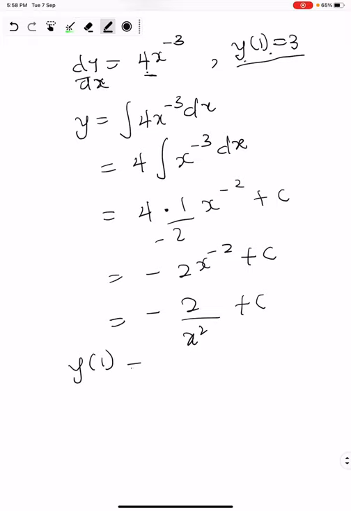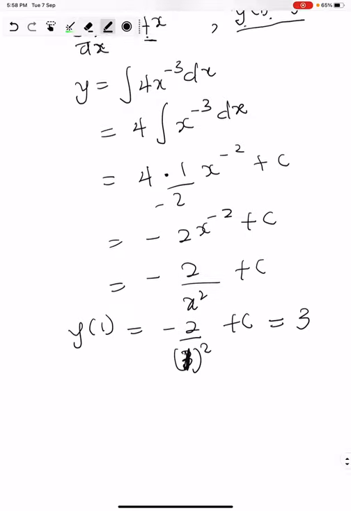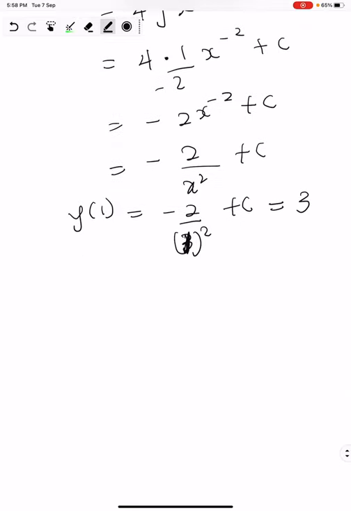But we have the initial condition that y of 1 is equal to 3. So y of 1 is equal to minus 2 over 1 squared plus c, and this is given as 3. So we have minus 2 plus c is equal to 3. Therefore, c is equal to 5.